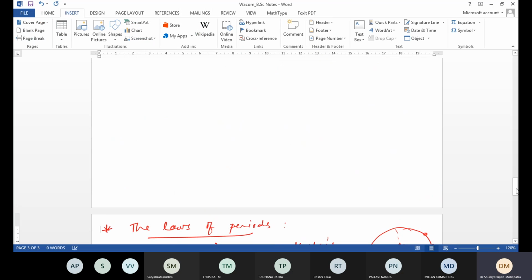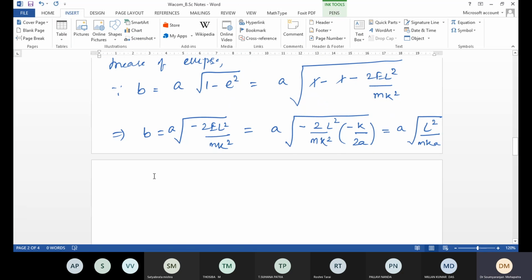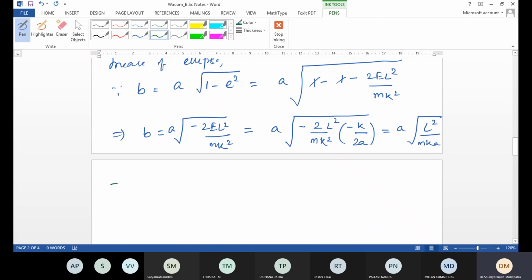Further, if you do the calculation, let's see what relation of B with A we get. This implies B is equal to A by root A. Bring this root A outside, and the other things like L by root over of MK as it is.